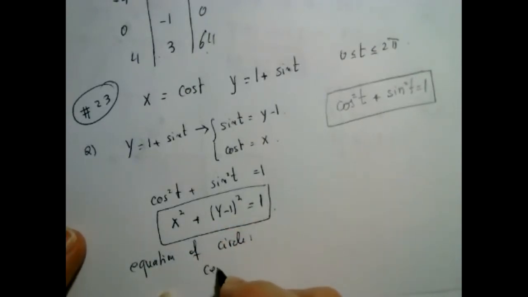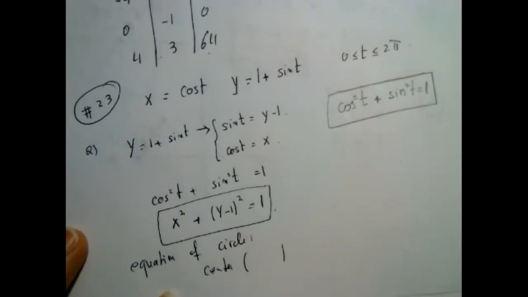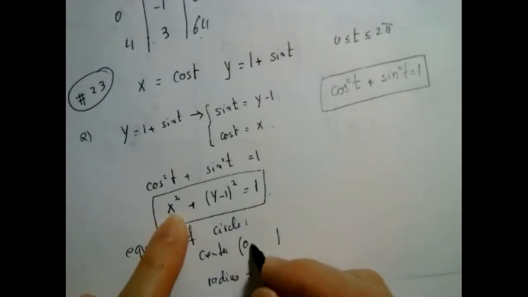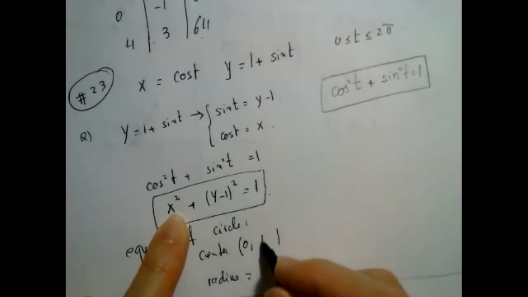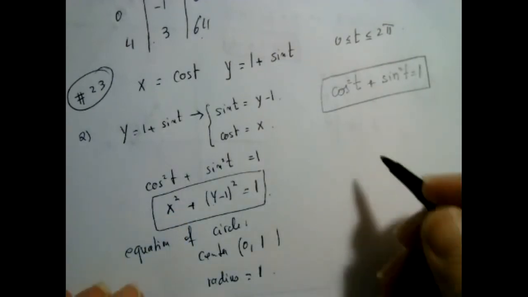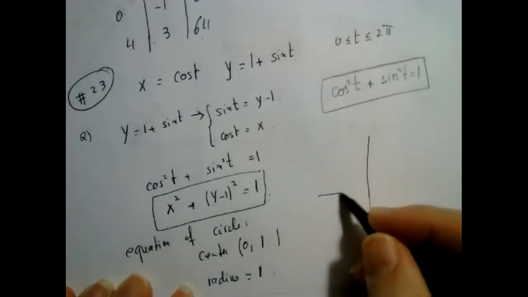And the center of the circle and the radius. Okay. The center is 0, 1, and the radius in this case is 1. So this represents the motion of an object.